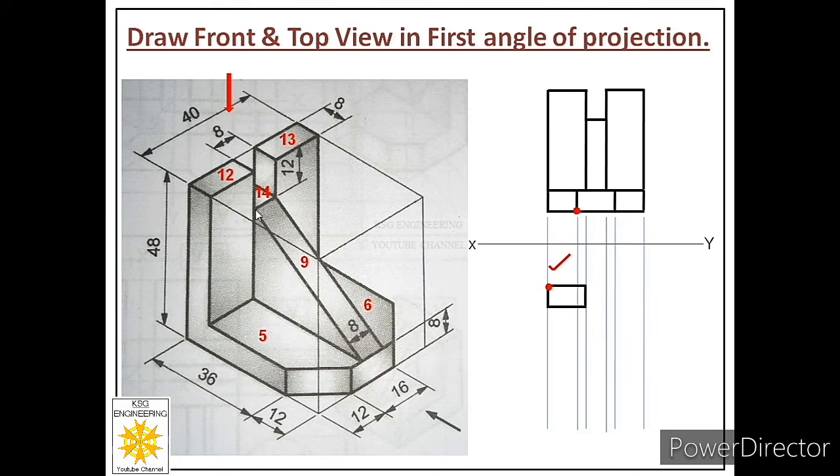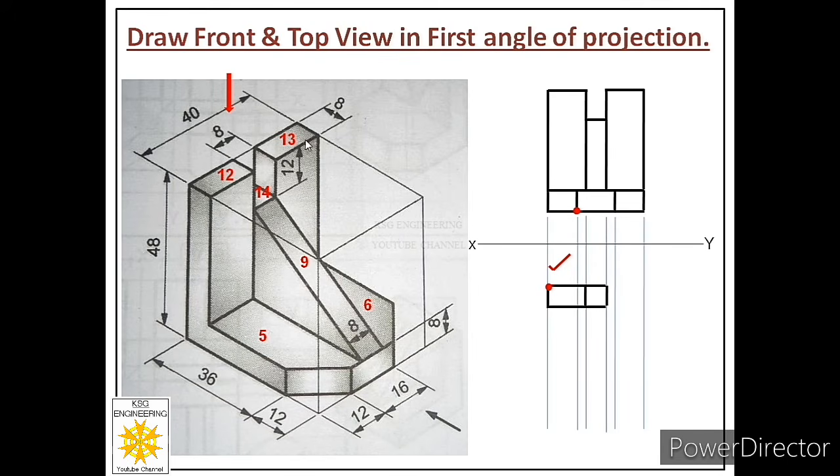So from this point, how many units we have to move towards right? It is 8. So from this point, we will sketch a line of 8 millimeters. So we have reached to this point. Now from this point, draw its width. How much will be width in the top? It will be equal to 8. So from this point, sketch 8 millimeters. Then draw the back length of face 14. So connect these 2 points, and that will be equal to 8 millimeters again.